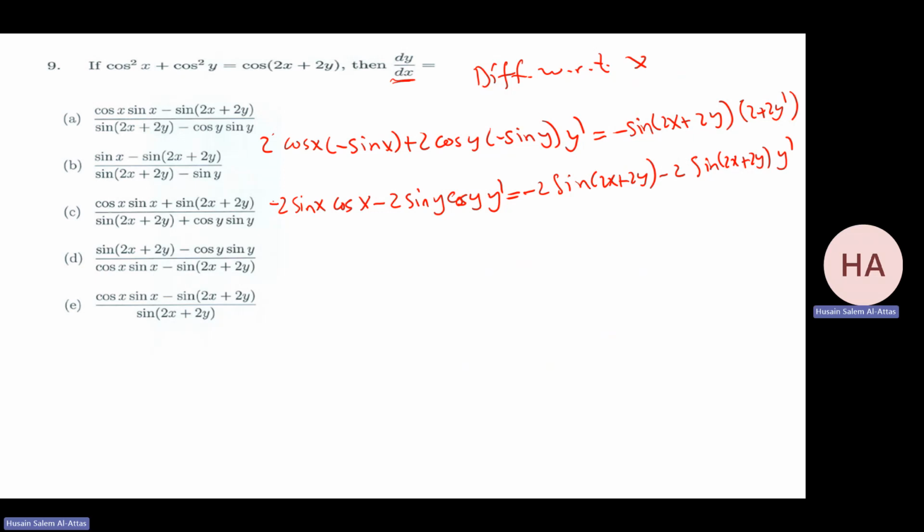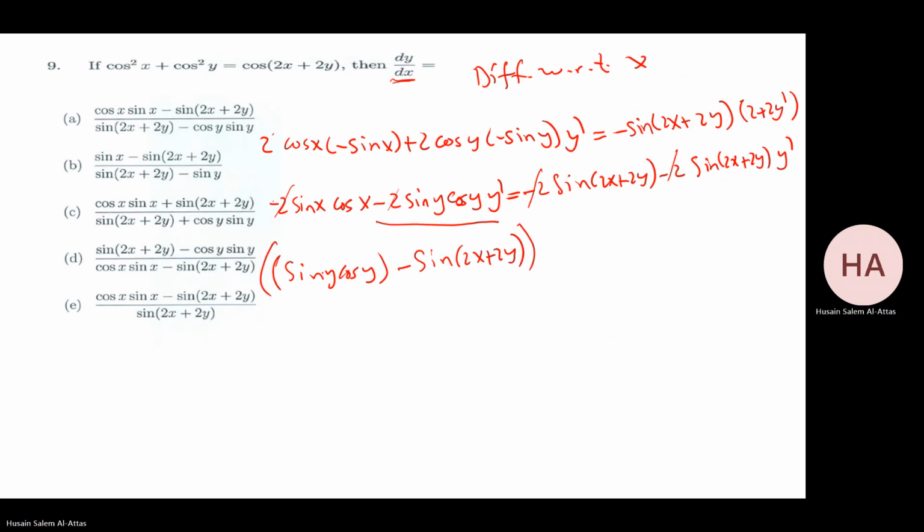And I combine the terms with y prime on one side. That will be sine y cosine y minus sine(2x plus 2y), all of this times y prime, equals sine x cosine x minus sine(2x plus 2y).